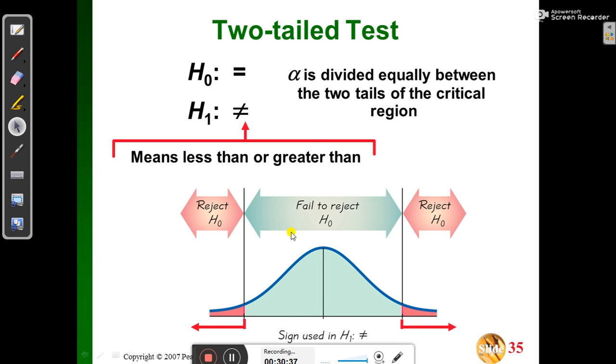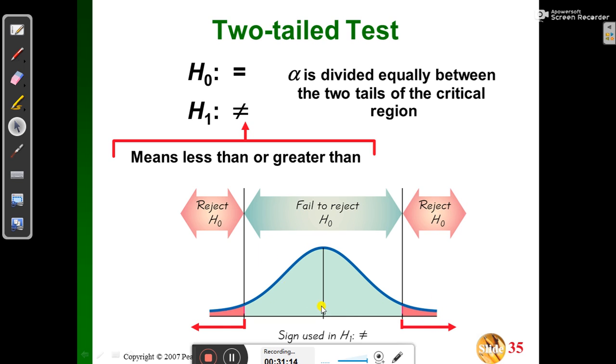So here, if H naught is false and the value of Z lies here, then we cannot reject H naught; we fail to reject H naught. But if the value falls in the critical region, then we can directly reject H naught.